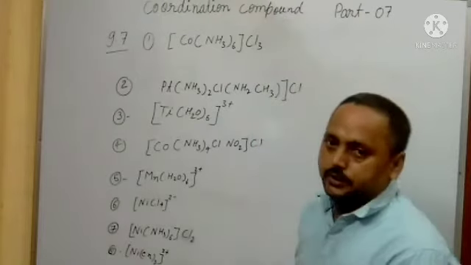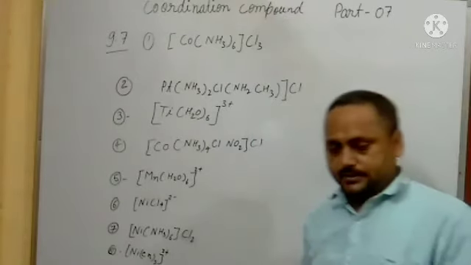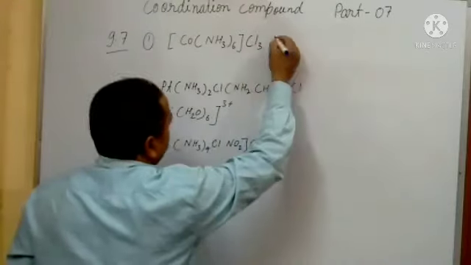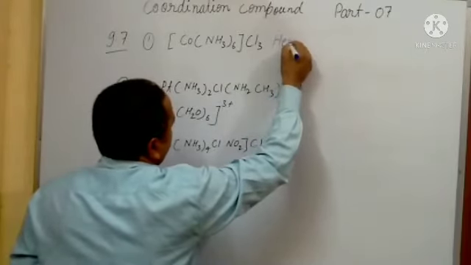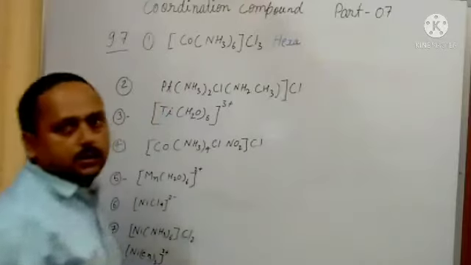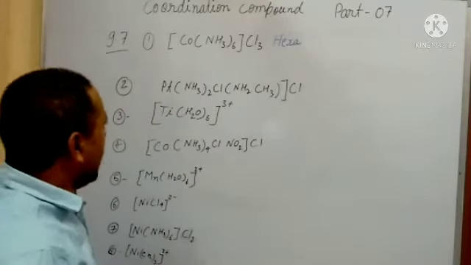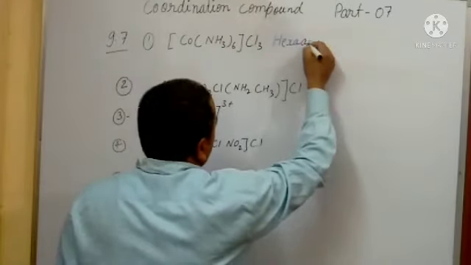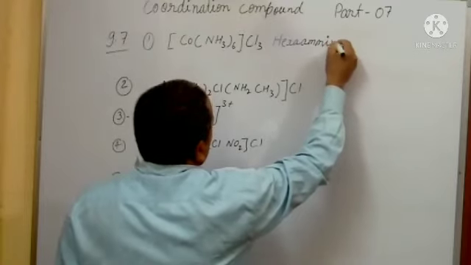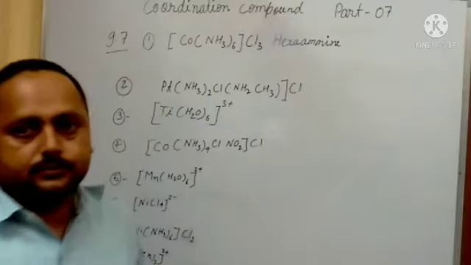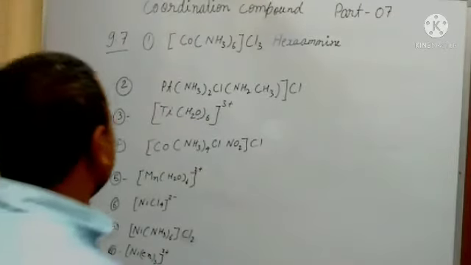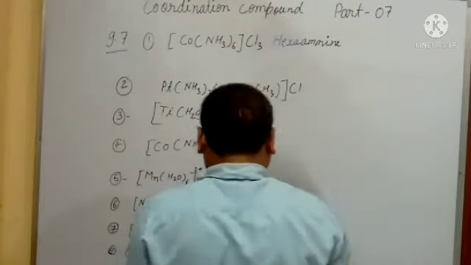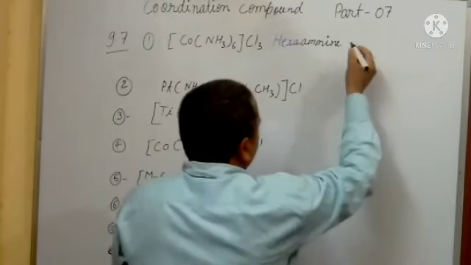So we will start writing the name from the ligands. For 6 ligands we will write hexaammine. Hexaammine cobalt.